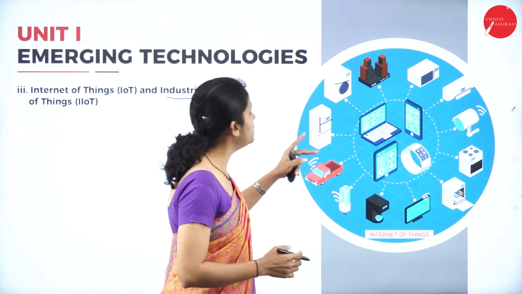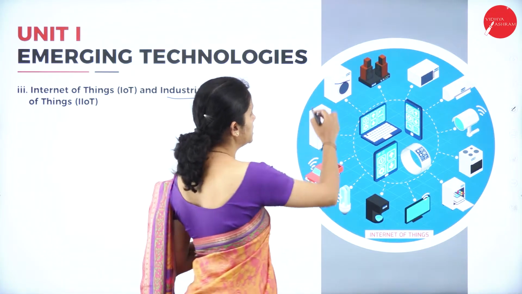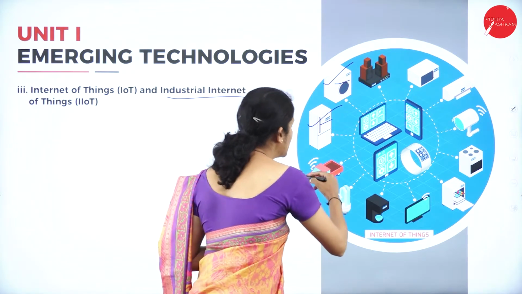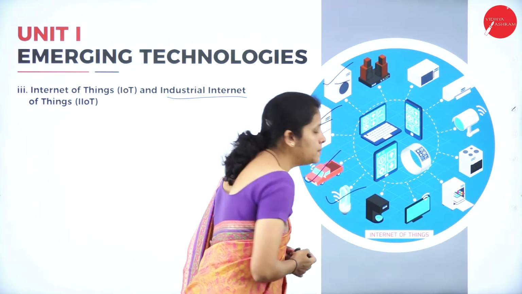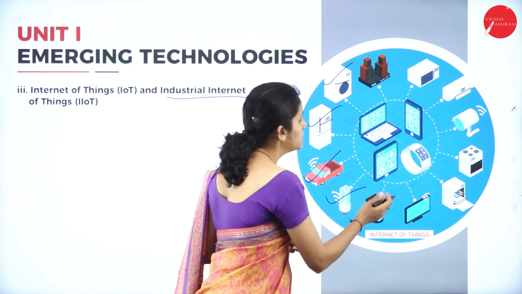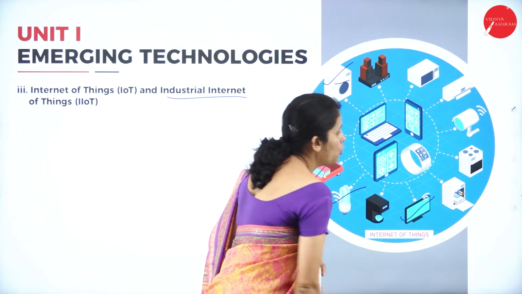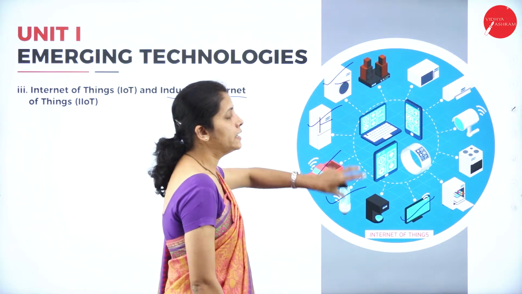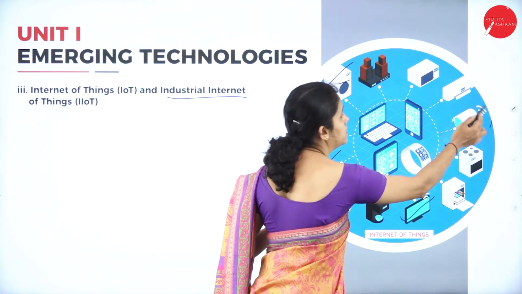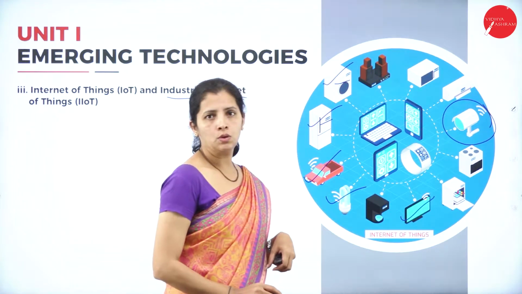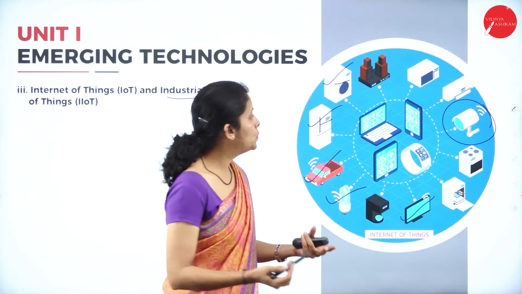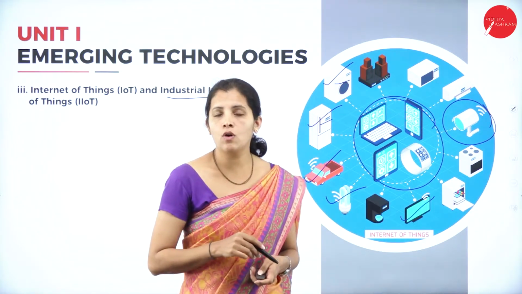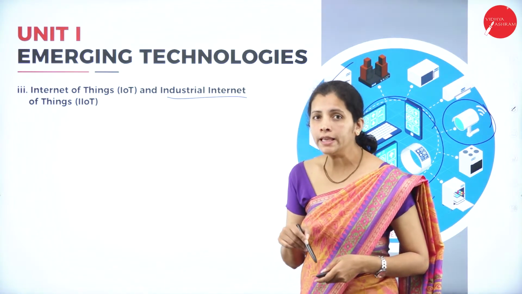Examples of things are the washing machine, refrigerator, car, bulb, then laptop. So I want to control all these things, even a hair dryer. How am I going to control them? With the help of the internet. That is itself called Internet of Things.